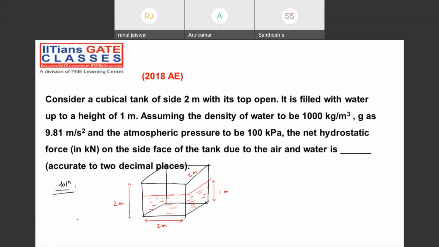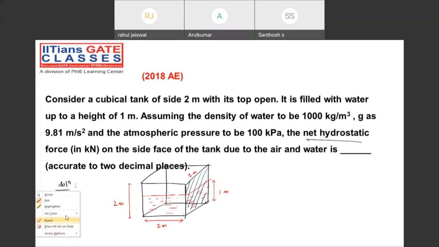What we need to find is the net hydrostatic force on the side face of the tank. Side face means this face. On the side face of the tank, we need to find the total hydrostatic force. Just tell me, my dear friend, whether any hydrostatic force will be acting on the upper part of the tank, this part.